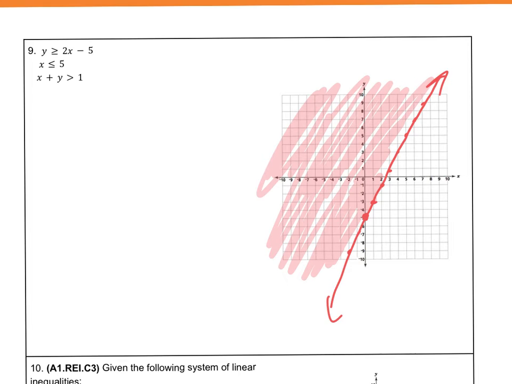Next line, x is less than or equal to 5. What does it look like? Should I put a point on 5 at my x or my y-axis? X, because it says x is less than 5. So right here. Is this going to be vertical or horizontal? Vertical, VUX.